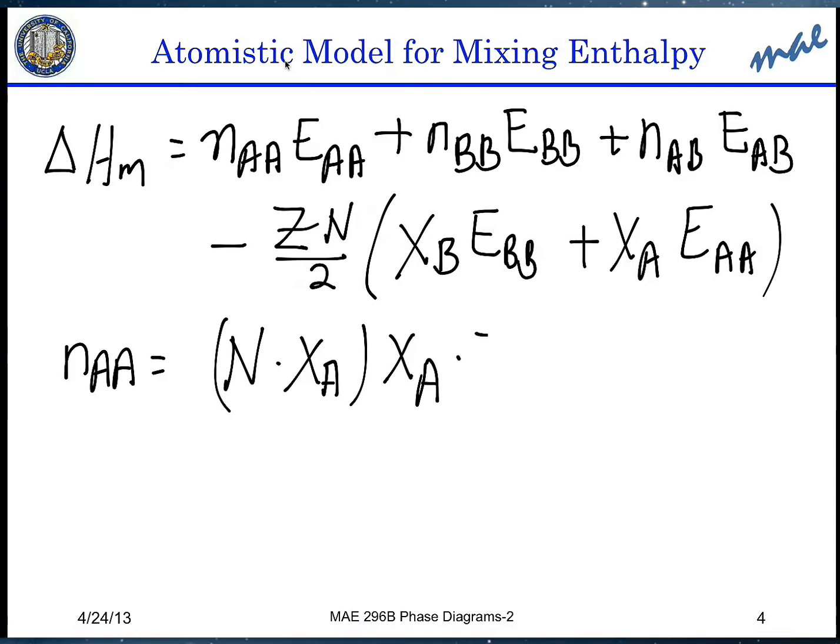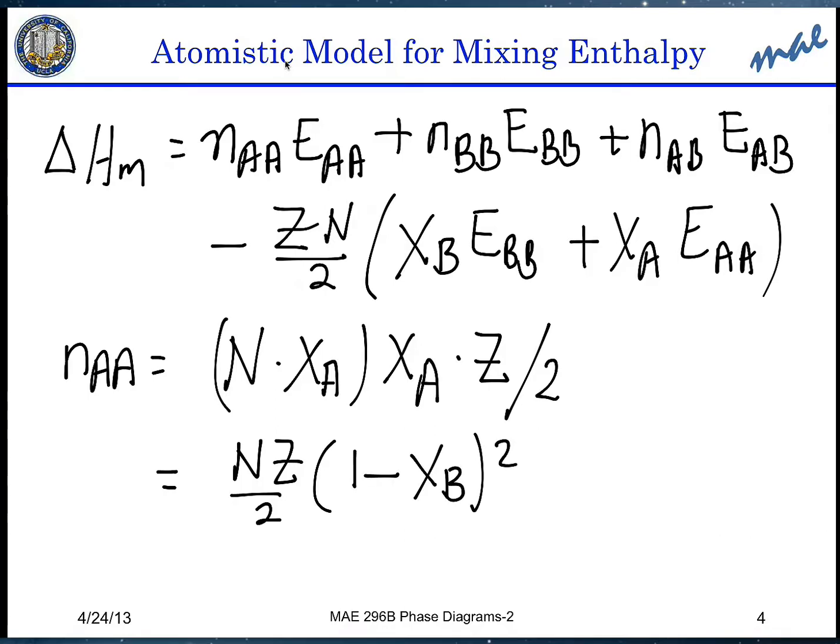Each atom has a coordination number Z, and I'm double counting, so I divide by 2. So if I convert this, I will have NZ over 2 times XA squared. And since we want to write everything in terms of XB, then we're going to write it like this: 1 minus XB all squared. So that is the NAA, and therefore I can substitute it up there.